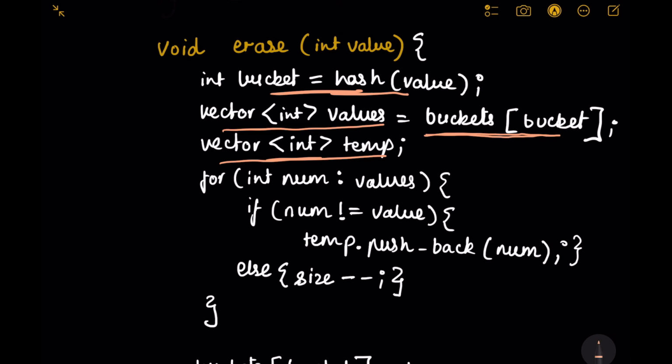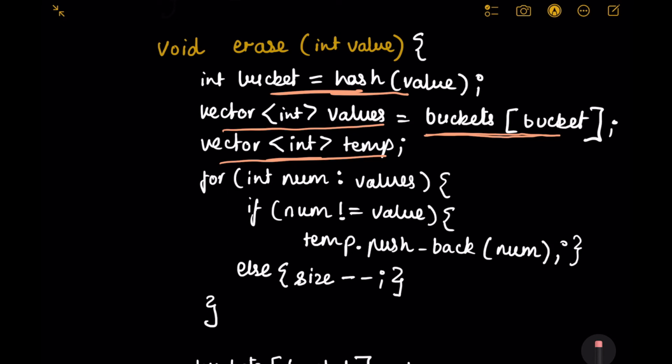If this element is equal to the value we want to delete, we will not add it to the temporary vector; otherwise we add it, and then we start pointing to this temporary vector. By doing that, we have removed the value from our vector in case it was present. If it was not present, the temporary vector would be similar to the initial vector, and we'll again be pointing to the same vector.